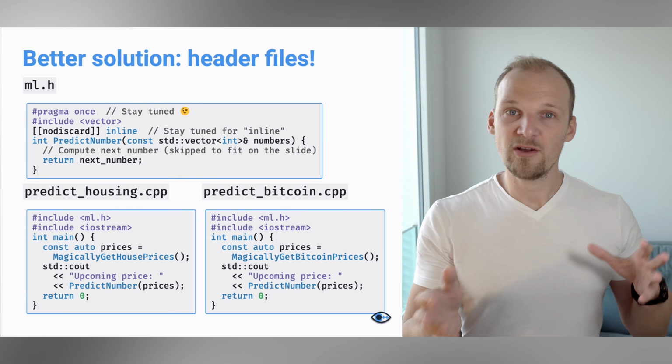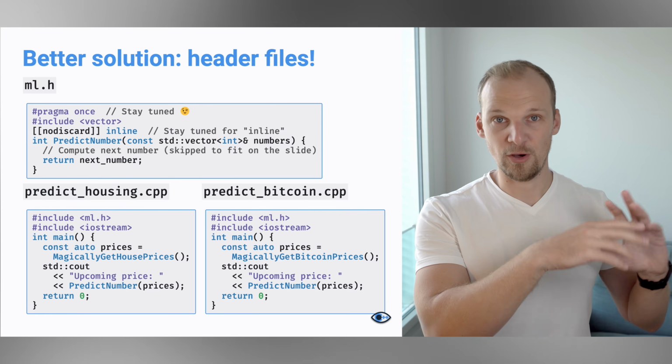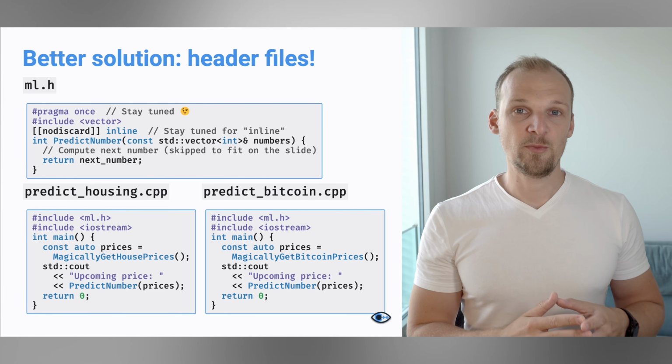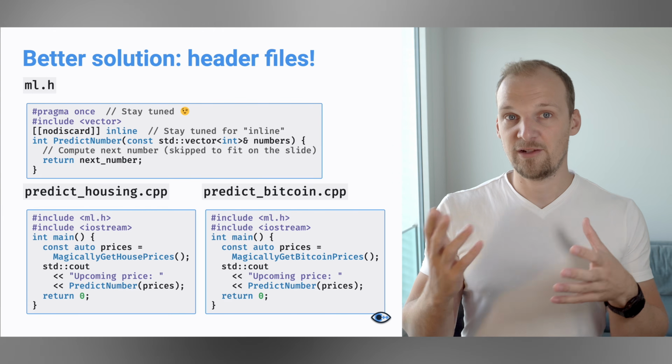There is a better solution to this. The better solution is to use header files. We've already touched upon the header files when we dissected the Hello World program at the start of the course. But today we're going to go much deeper into what headers are and how to use them. So the way we go about it is we take our function, or the whole framework, many functions, and we put them into the header files.